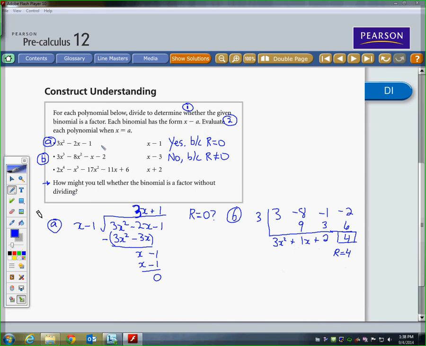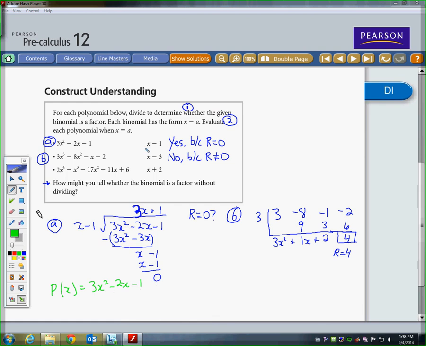It says evaluate each polynomial when x is equal to a. I'll switch to green on this one. So looking at my first one, I'll write it out sort of more like a polynomial. P of x is equal to 3x squared minus 2x minus 1.